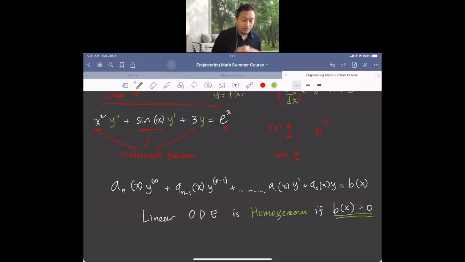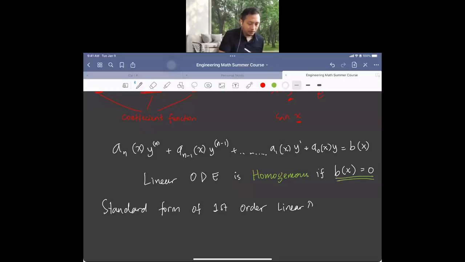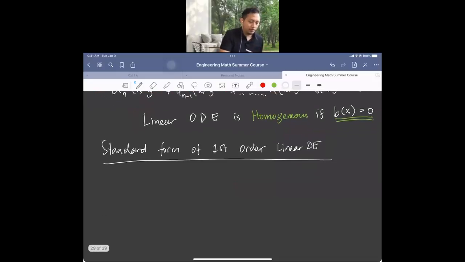Okay. Now, this is the general form. The standard form for the first order is simpler than this general form. So the standard form of first order linear DE, let me put some line here.